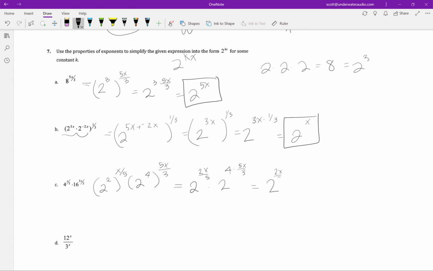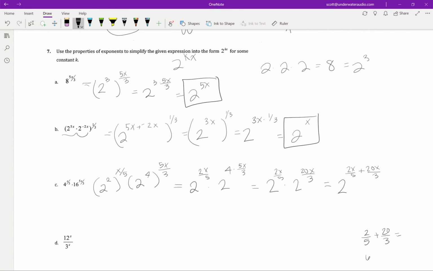2x over 5, and 4 times 5 is 20, so I get 20x over 3. And then when you have 2 to a power times 2 to a power, you can add the exponents. 2 to the 2x over 5 plus 20x over 3. And this is a fraction question, so I'll just do that here. 2 over 5 plus 20 over 3. 15 is a good common denominator.